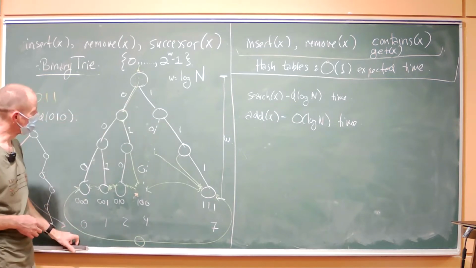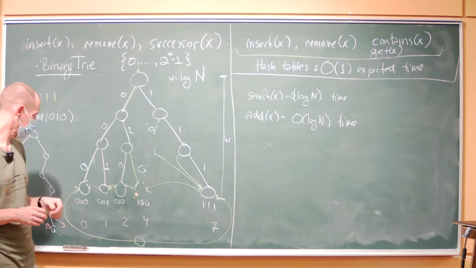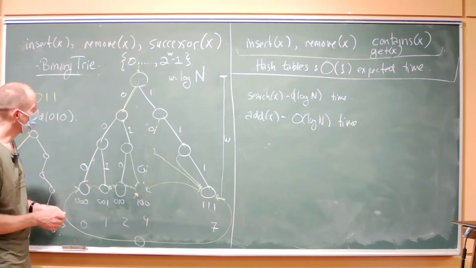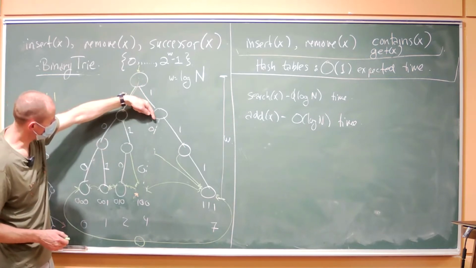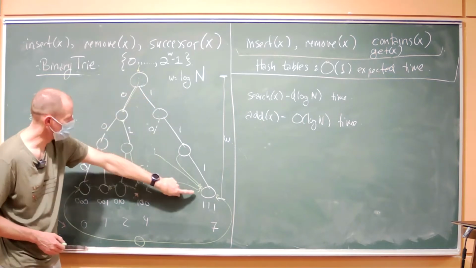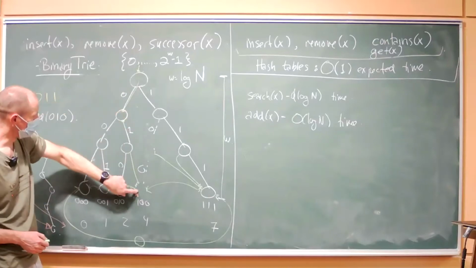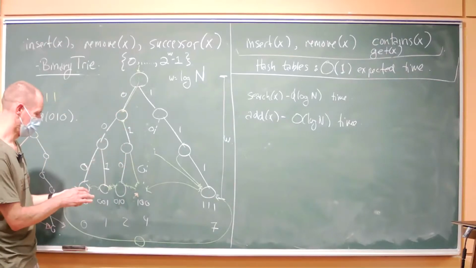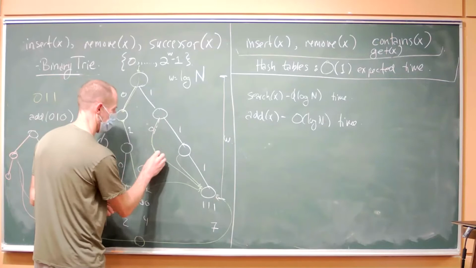And then there's a bunch of jump pointers that you need to fix. Where are those? Well, they will be on the leftmost path, starting from here, and then on this wall from here. So that's going to look like this.